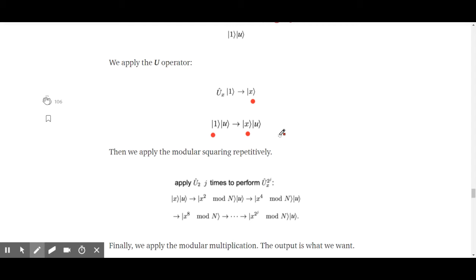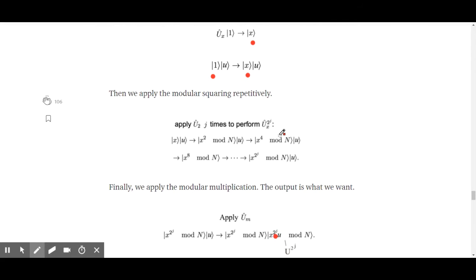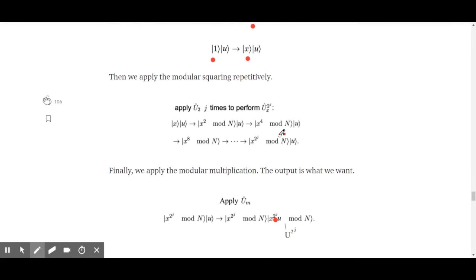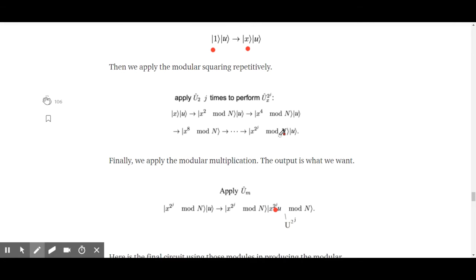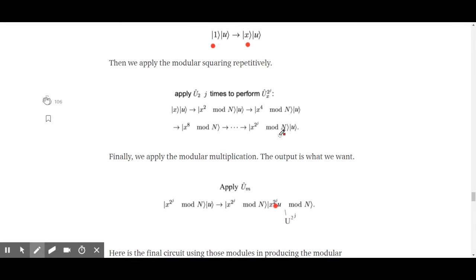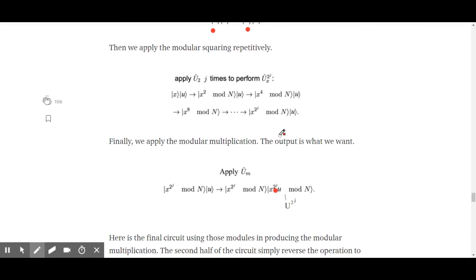Then we apply the modular squaring repetitively. It's outlining the steps, but it still doesn't tell me how. Finally, we apply the modular multiplication.